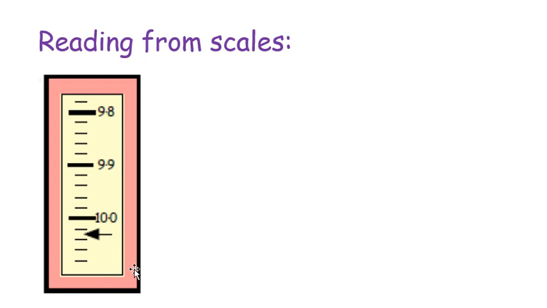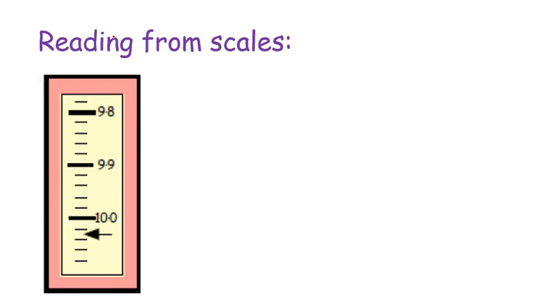Okay, last example. Now we have here 9.8, 9.9, 10. So you can see that from 9.8 to 10, we are getting larger and we're going up in the scale. Okay, so the arrow seems to be in between two of the scales.